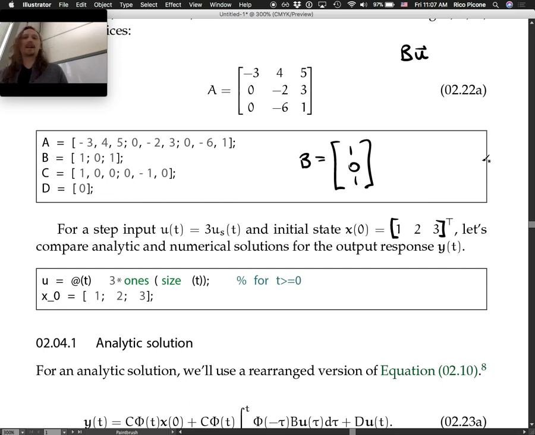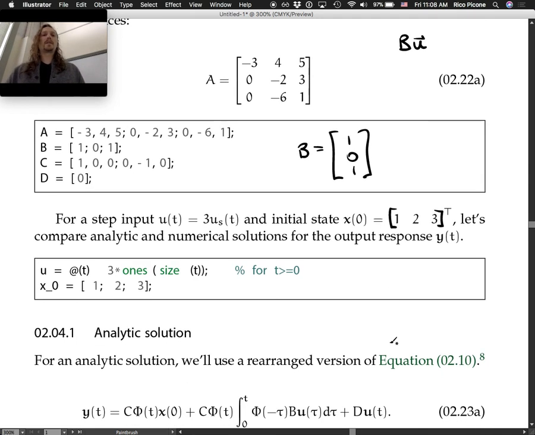So 1, 2, 3 is the initial state, and we have a step input of 3 times a unit step. Let's compare the analytic and numerical solutions for the output response y of t. I defined here what's called an anonymous function, and it's a function of time.